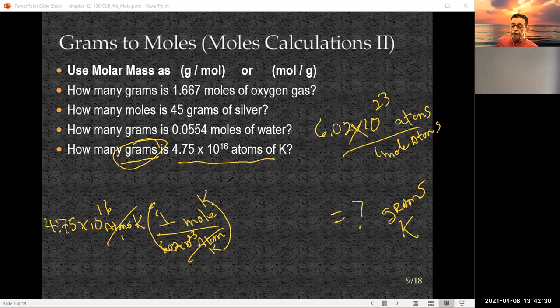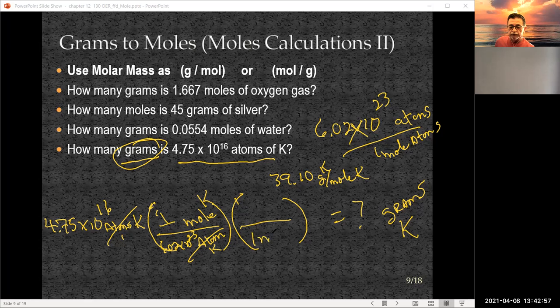Okay. Next thing is potassium. Potassium has an atomic weight of 39.10 grams per mole. So 39.10 grams of potassium per 1 mole of potassium. So I've got another conversion factor right here that I need to get rid of moles.